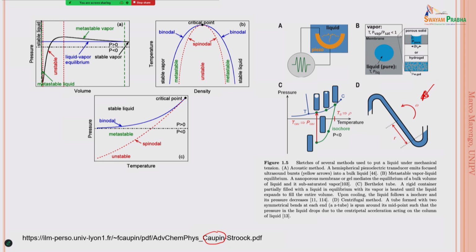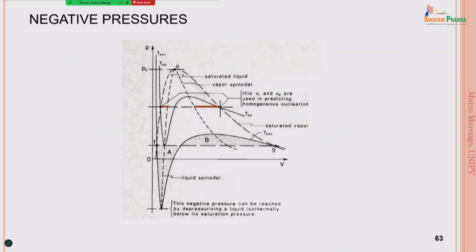So this is, of course, a metastable condition, because it's happening outside the equilibrium domain. But it's interesting because nobody is thinking of that. It seems that, okay, P must be bigger than 0.